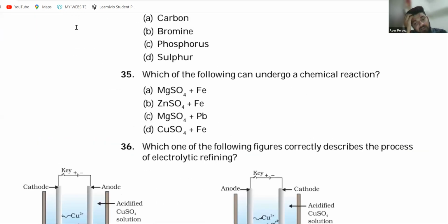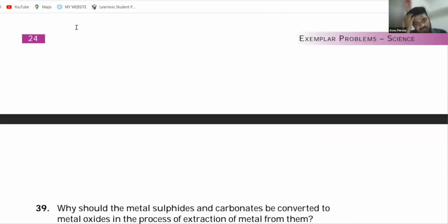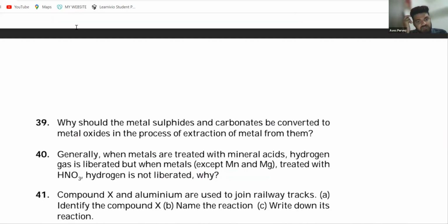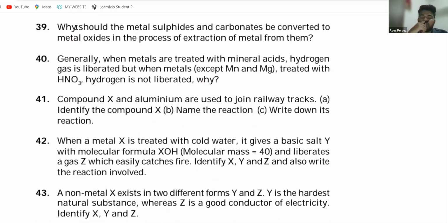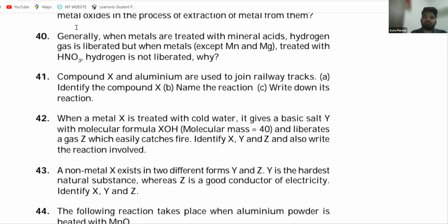The properties of ionic compounds are also asked in examinations, so let's do this one first. Question number 42. What should be the answer for question number 42? Are you getting it on your screen?